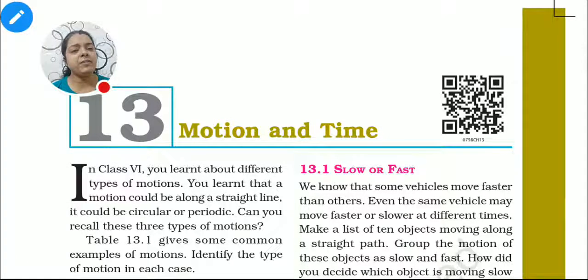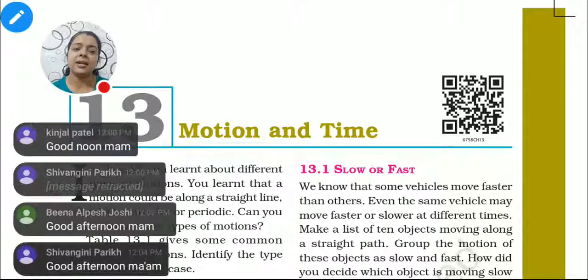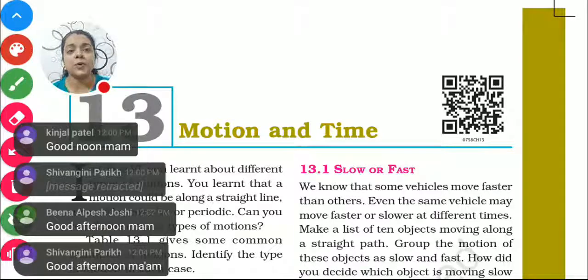Right. So when we talk about motion, what is it? Motion means actually when there is a kind of movement going on. A kind of movement going on means you just imagine, my drawing is not that much good.